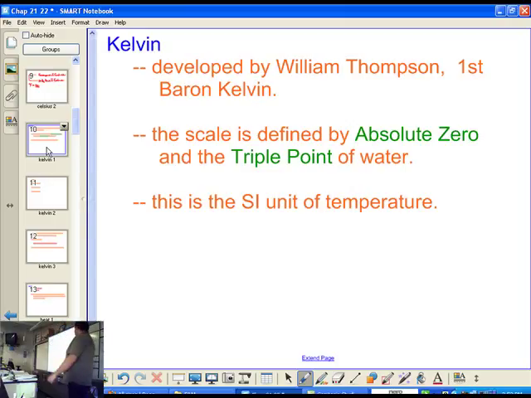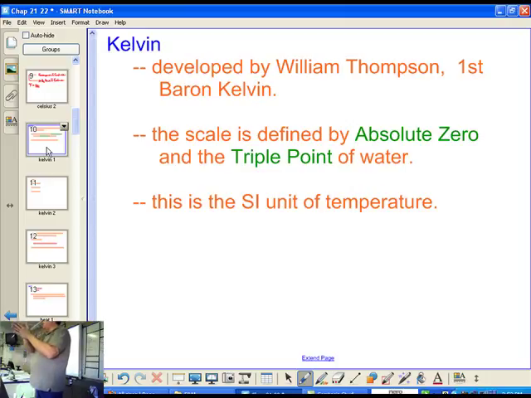This scale is defined by absolute zero, the lowest possible temperature, and something called the triple point of water. Normally at a phase change you have liquid water and gaseous water together when you're boiling. At a certain temperature and pressure, you have liquid and solid together.